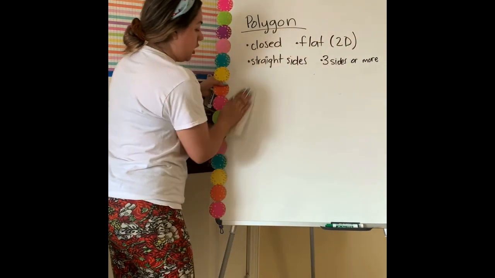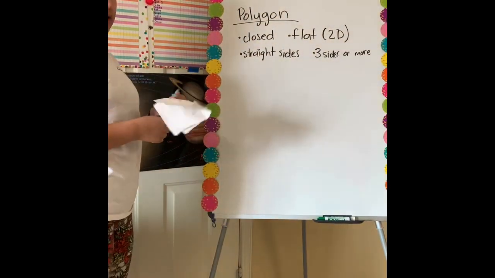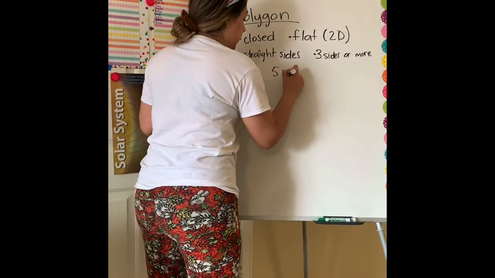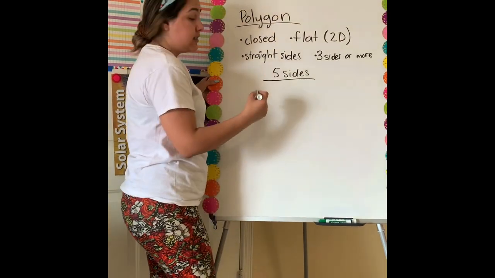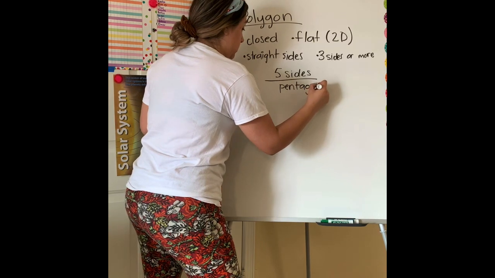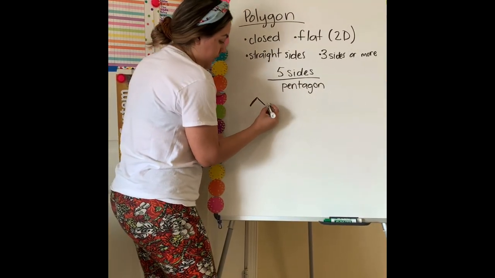So now we're going to start with a 5-sided shape or figure. 5 sides. Okay, when there's 5 sides, it's called a pentagon. Pentagon. So I could draw something like this.